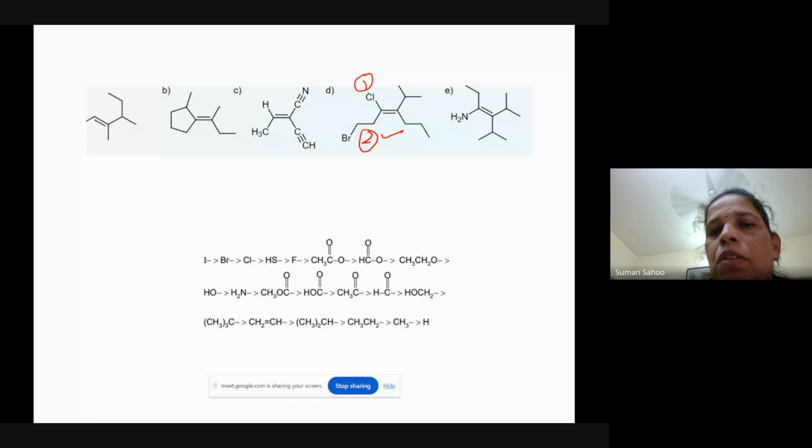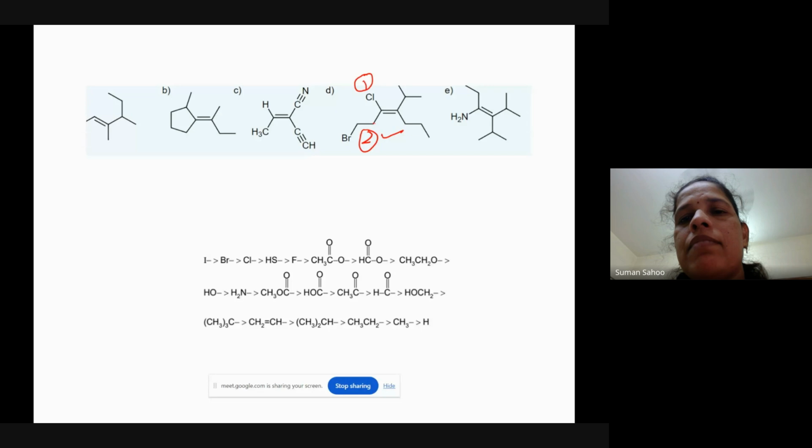Bromine is there at a far distance, so we give this one first priority and this one priority number 2. And in this carbon, your first point of attachment is carbon and here your first point of attachment is also carbon. So in this case, you have a carbon next to it and then another carbon next to it, but in this case you have two carbons next to it, so this is going to be first priority and this is going to be second priority, so this would be assigned as Z.